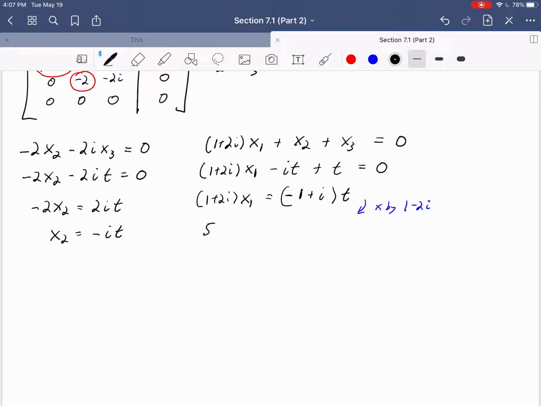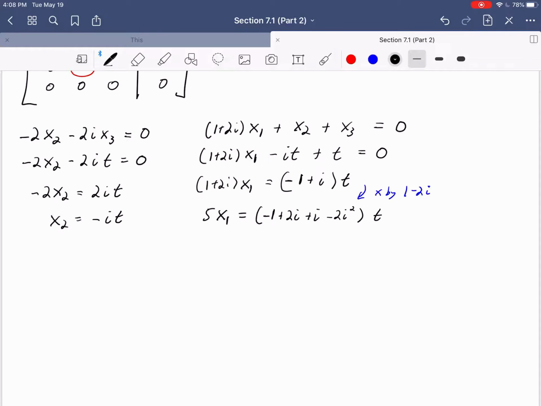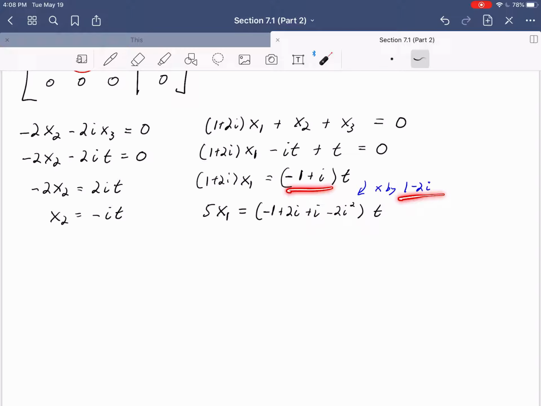So we're going to get 5x1 equals. And then when we multiply here, we'll have to FOIL that out. Looks like we're going to get negative 1 plus 2i plus i minus 2i squared times t. That's just directly FOILing this with this.